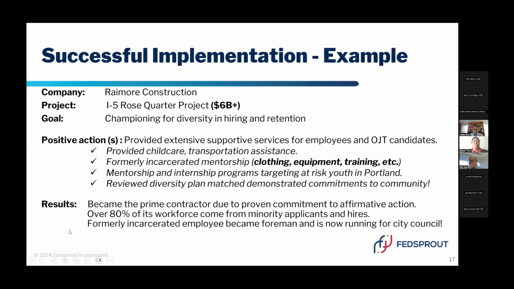Now, another example I want to give you, and this is one that's near and dear to my heart because this is a project I worked on. And I went from the world of being a compliance manager to being a consultant and legal analyst. So on this particular project, the I-5 Rose Corridor project, this is a project that basically helped repair the I-5 corridor that goes from Washington to Oregon.